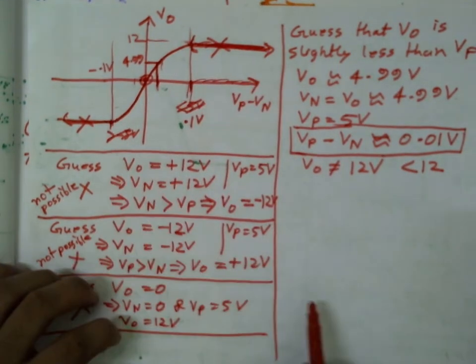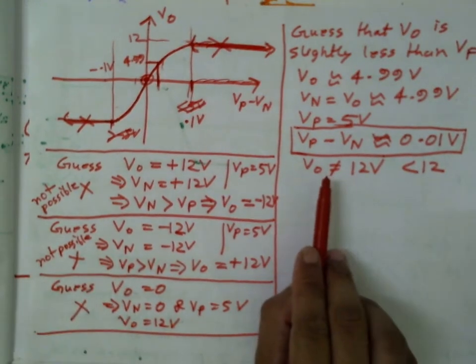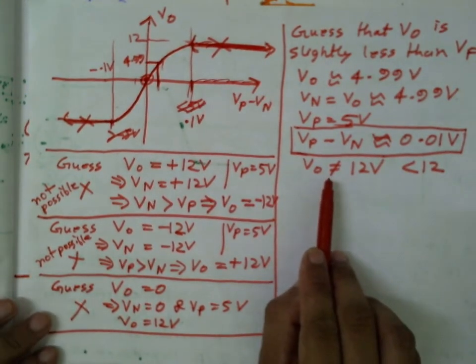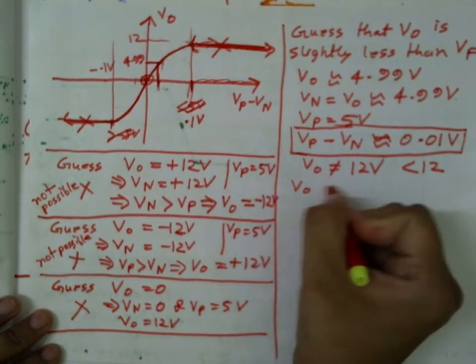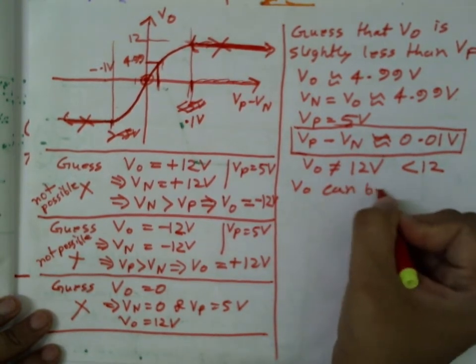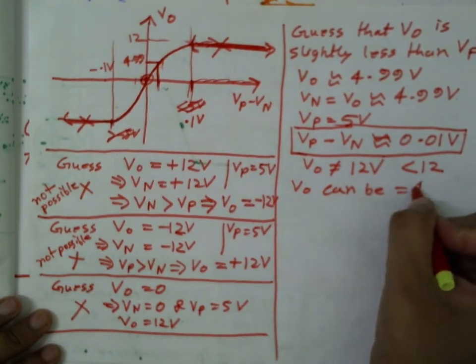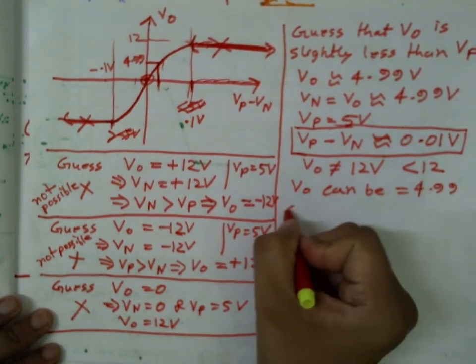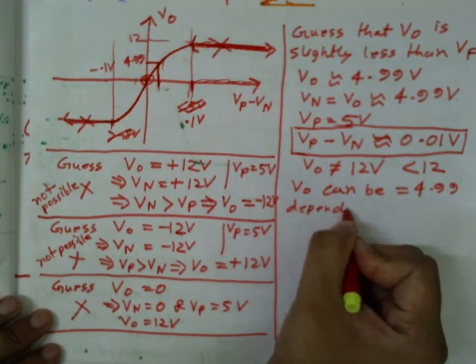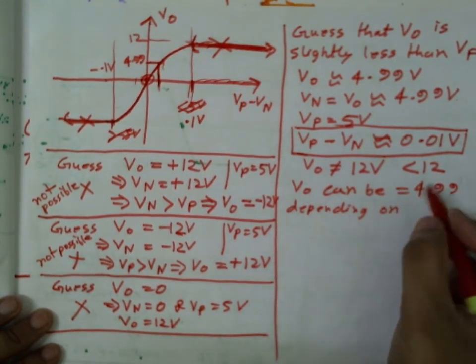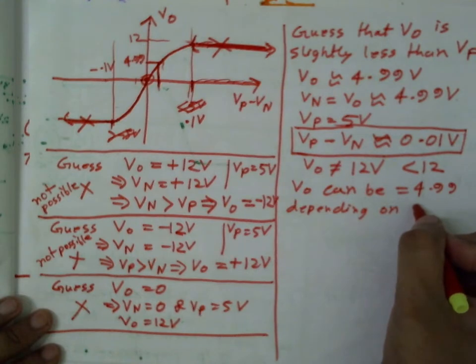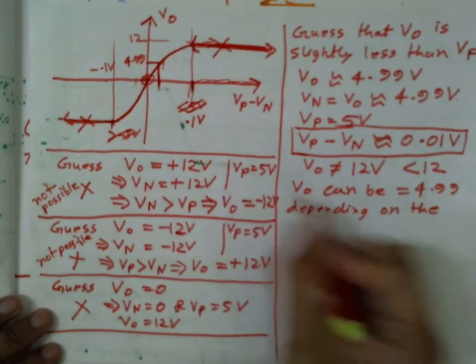And in that case we'll find the solution for VO. So then VO can be equal to 4.99 depending on the static characteristic, this curve.